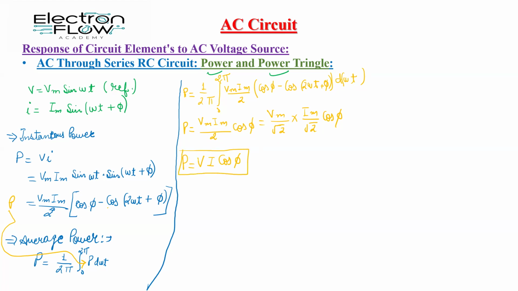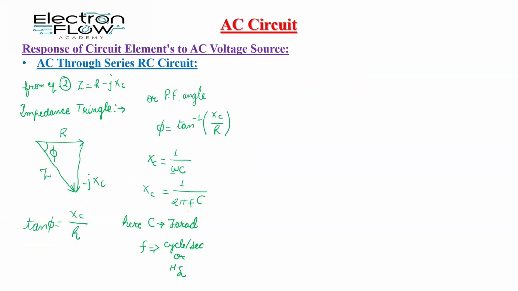So this implies that for a given voltage and current, power consumed depends upon the power factor of the circuit. Okay, so from the voltage equation, we know that we discussed the voltage equation here.